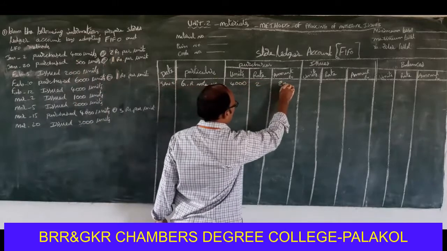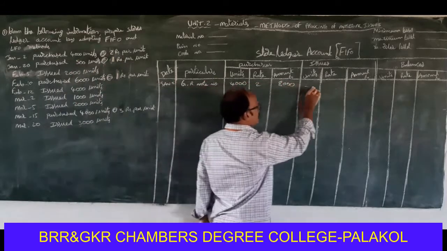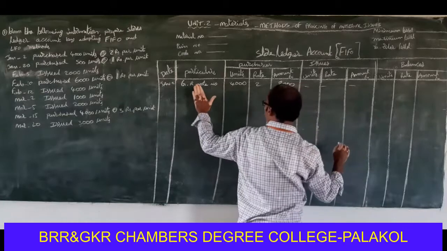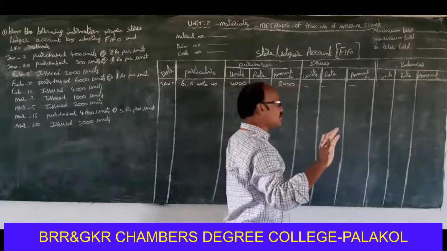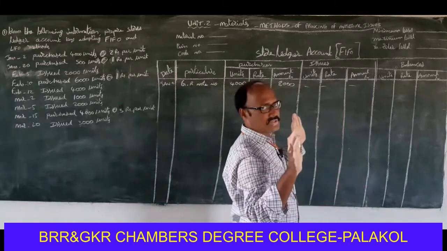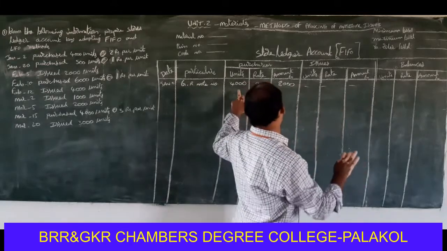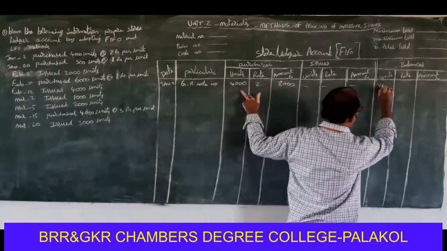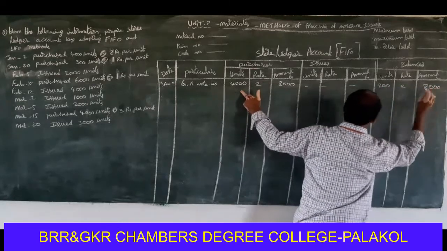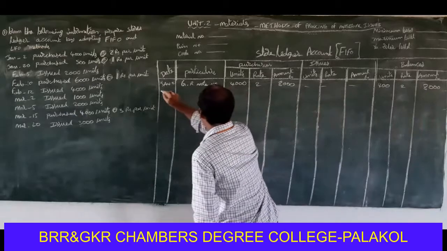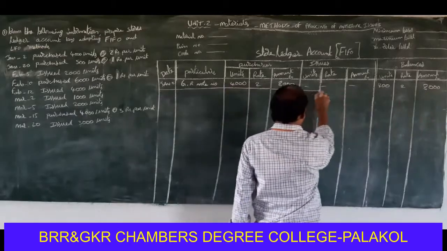So 4,000 into 2, 8,000 rupees. So the balance stock at the end of January 2nd is 4,000 units at the rate of 2 per unit, 8,000 rupees stock available in the stores.